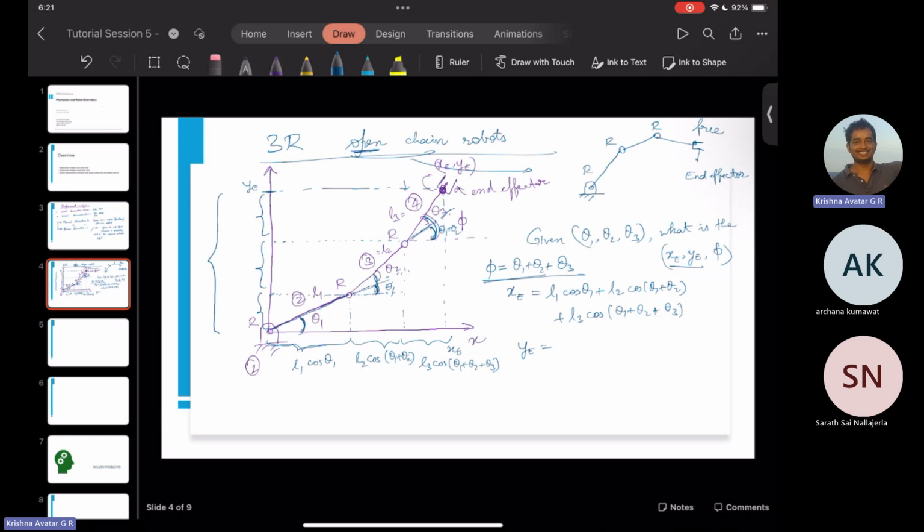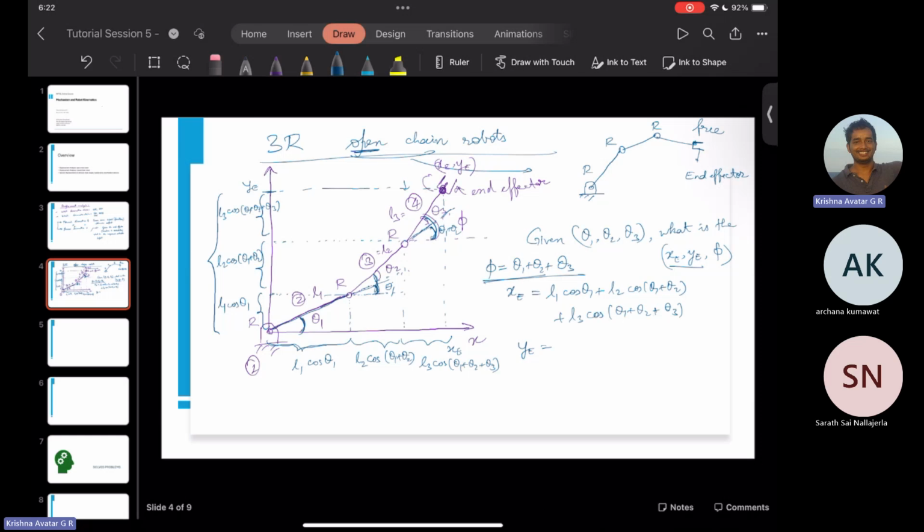Since we have already determined all the angles made with respect to the x-axis, things are a little straightforward. The projection of link 2 is L1 cosine theta 1. For link 3, it is L2 cosine(theta 1 plus theta 2). And link 4 is L3 cosine(theta 1 plus theta 2 plus theta 3).